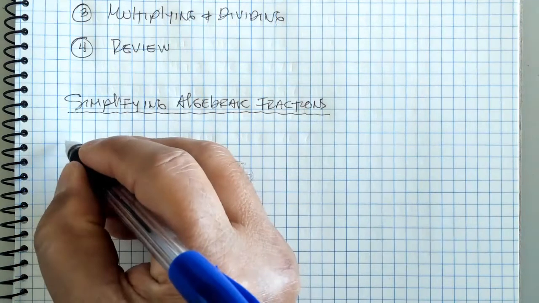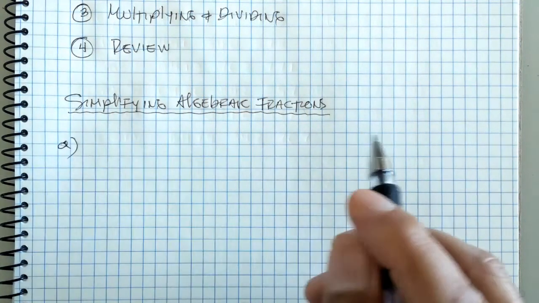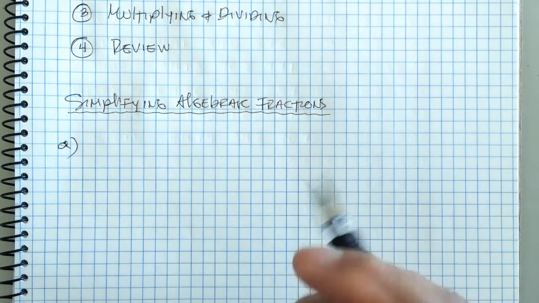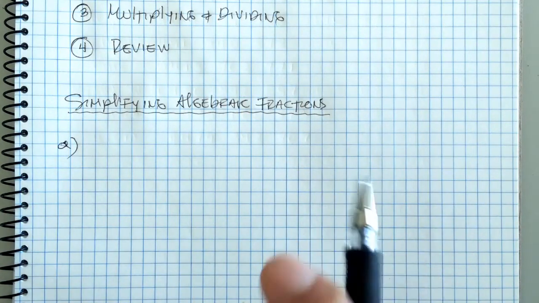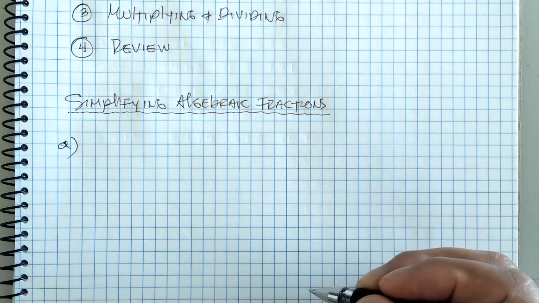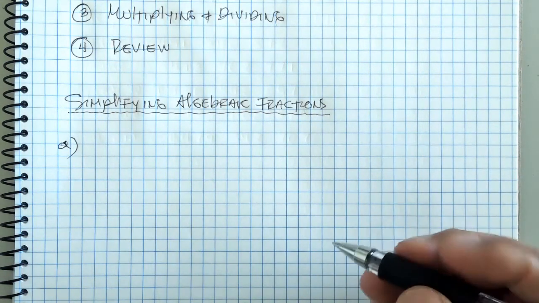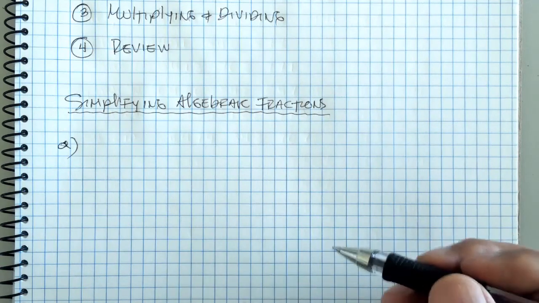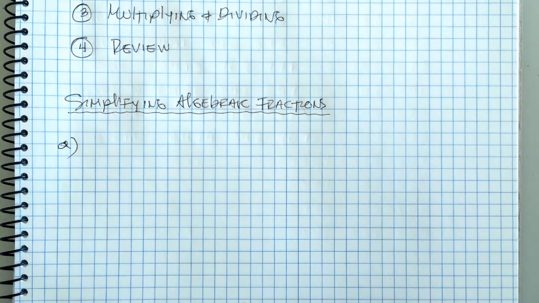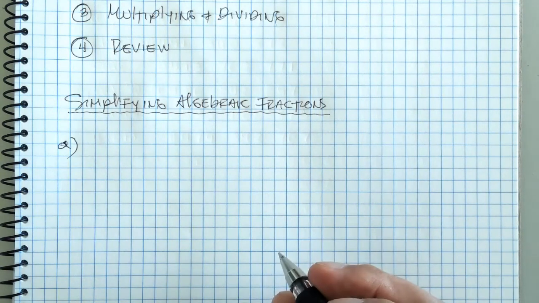So that means that you're gonna be factorizing a fraction, and when you do that, you're gonna have to look very carefully at the numerator and denominator. Sometimes you can simplify only the top, sometimes you can simplify only the bottom, and sometimes you can simplify both.